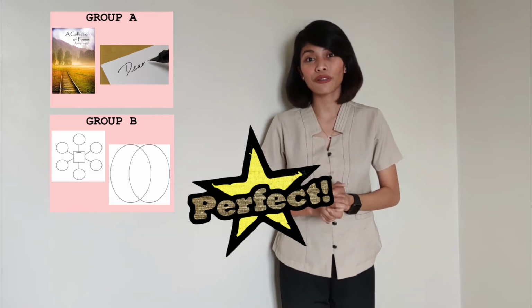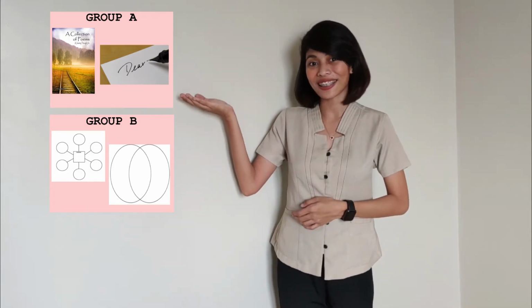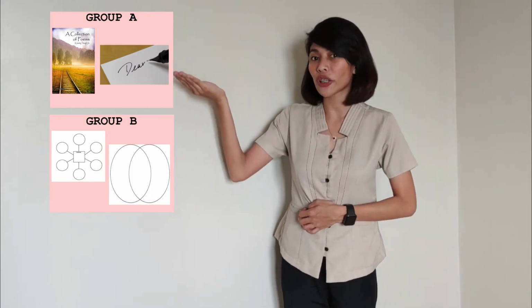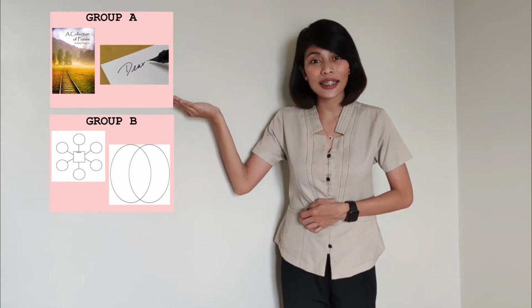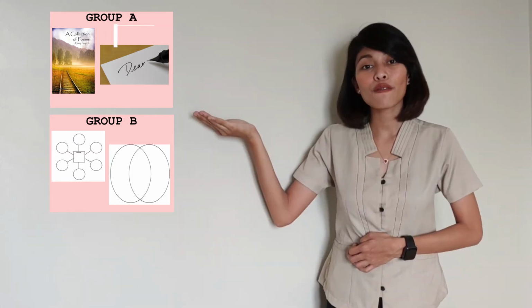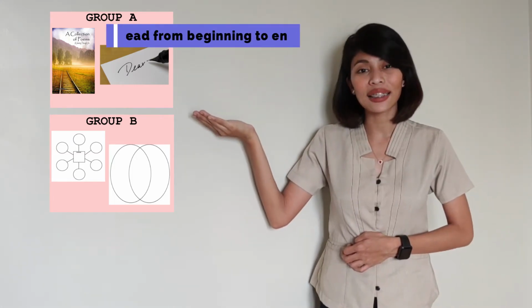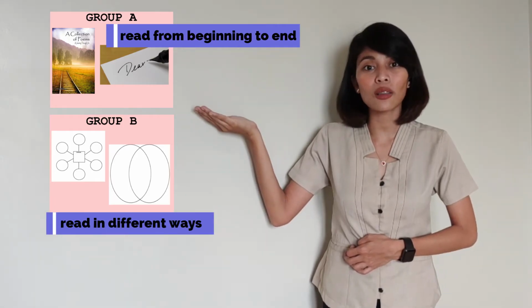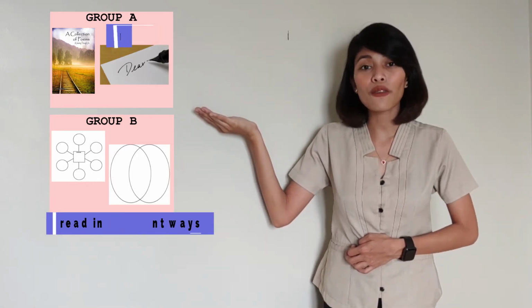What do you observe with these pictures? Exactly! Pictures which are in Group A are texts that need to be read from beginning to end, while Group B consists of pictures that do not necessarily read from beginning to end.